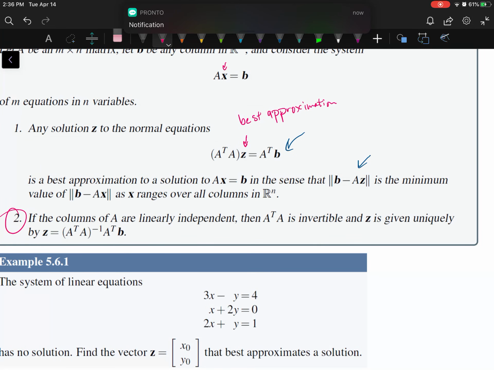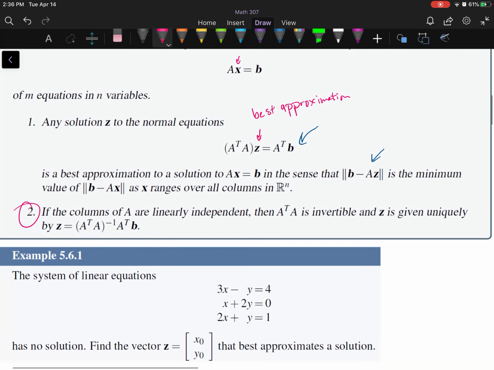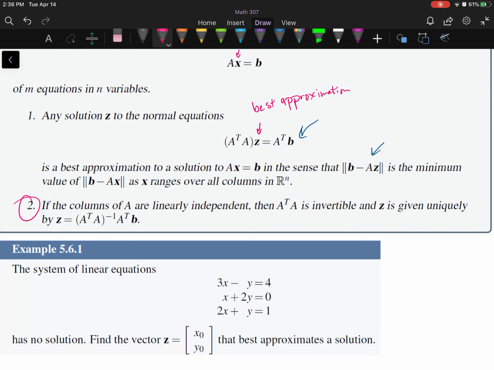It's not a Z value, it's a vector. If the columns of A are linearly independent, we're able to get that optimal solution by doing this long matrix multiplication with the inverse of A transpose A times A transpose times B.